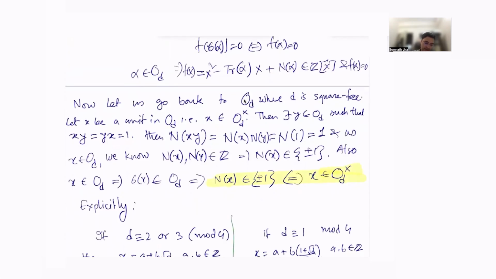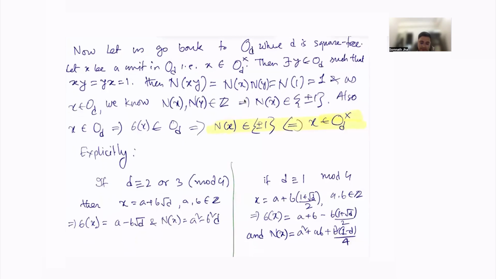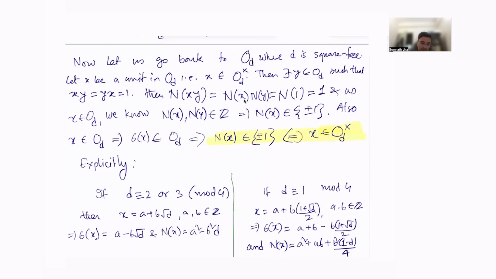So let's say d is equal to 2 or 3 mod 4. Then x, an element, has norm as follows. If a, b belong to Z, then sigma x equals a minus b root d, and norm x is a squared minus b squared d. And if d is congruent to 1 mod 4, then x can be written differently, and norm x looks like this. So from there you can deduce that x is in O_D star if and only if norm x is plus minus 1.